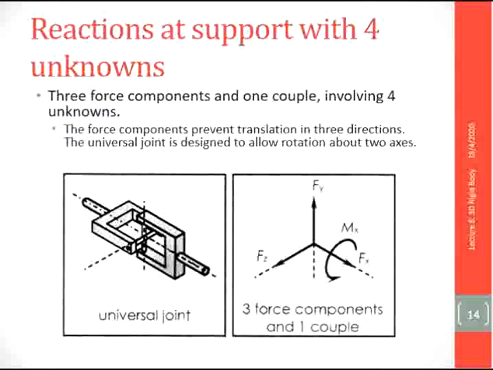Okay, for the reaction at support with four unknowns, there is an example of a universal joint like this. This is also new. I have not explained this type of universal joint yet. You need to imagine how this structure functions, how this structure moves. We start first with the x here.